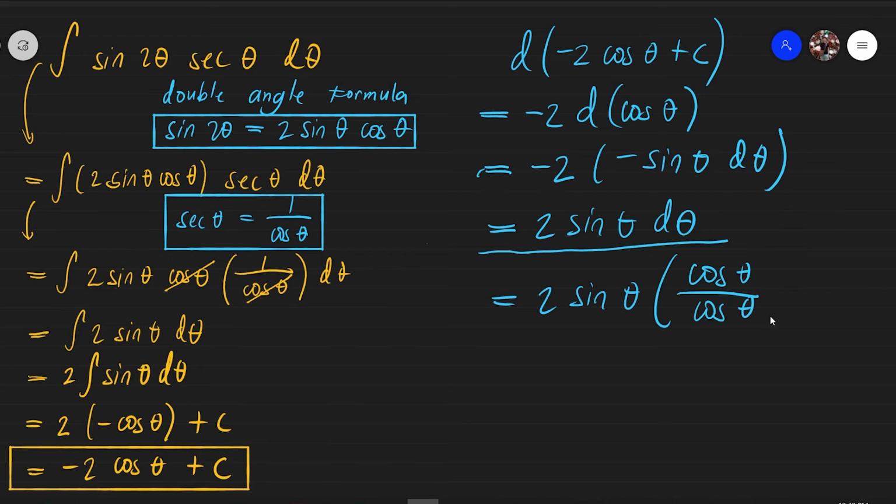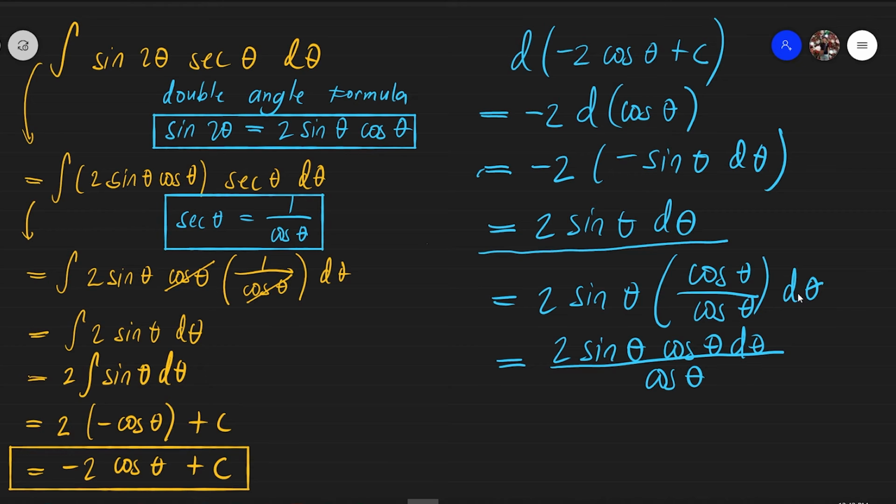Cosine theta over cosine theta is just equal to 1, and when you multiply this to sine theta, the value of sine theta will not change. Of course, the d theta, don't forget. Rewriting this, you will have 2 sine theta cosine theta d theta all over cosine theta.